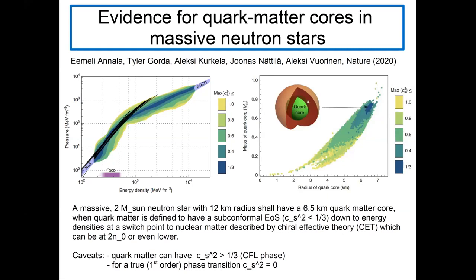And then one would predict with such an interpolation a hybrid star with a large quark matter core. So at 2 solar masses, the star would have then a 12-kilometer radius, and more than half of the radius is quark matter. Okay, there's a caveat to this very nice work.